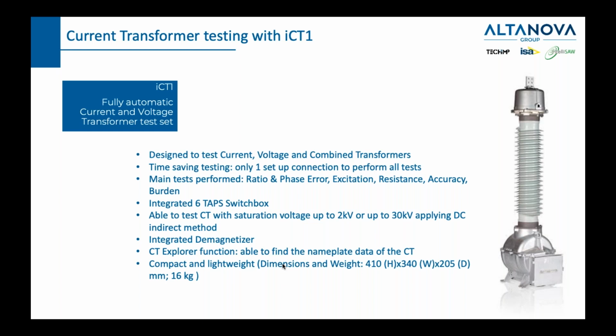But if the knee point is higher than that, then we apply a different method. We model our CT in a certain way using our patented method, and we saturate the core using a DC voltage, and that way we can test the knee point of CTs whose knee point is as high as 30 kilovolts. We will see later which type of CTs have such a high knee point.